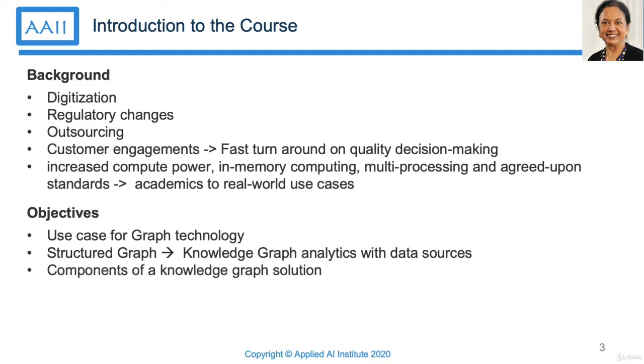It will provide details on components of a graph solution and will teach you how to design and prototype a graph engagement. The experience gained here can be used to design and build various graph insights and engagement with your customers, suppliers, and employees.